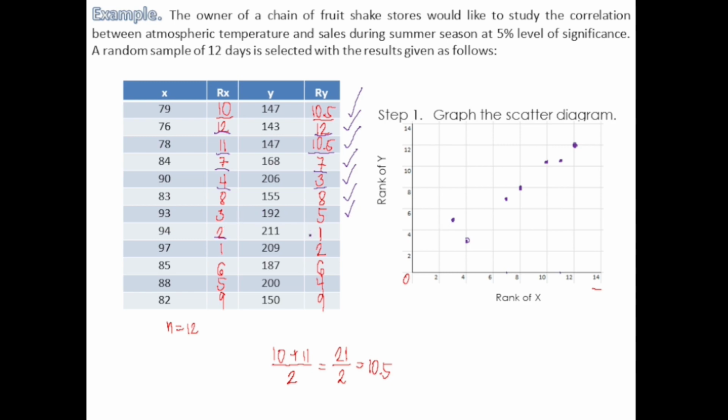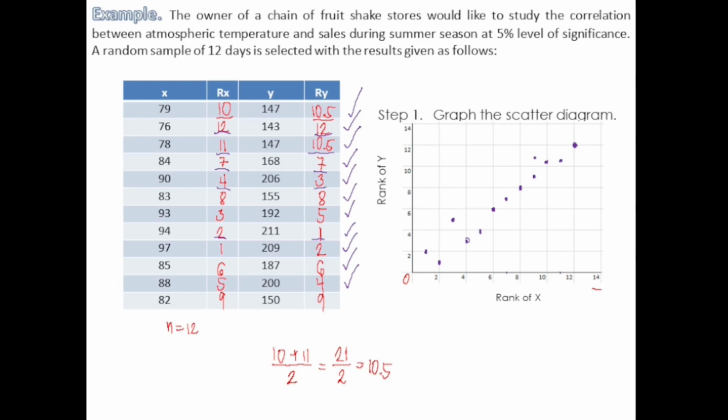Next, 2, 1. 2 dito, 1 po dito. Okay. Tapos 6 at saka 6, sakto po siya. So, walang problema, dito po siya. 5, 4. Dito po yung 5, tapos nandito po yung 4. And lastly, 9, 9. Okay, 9, 9, nandito po.